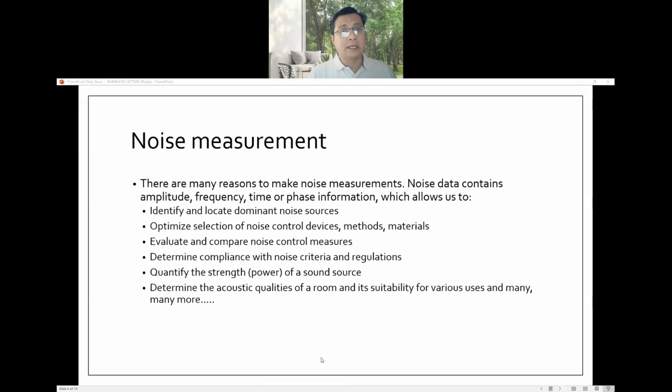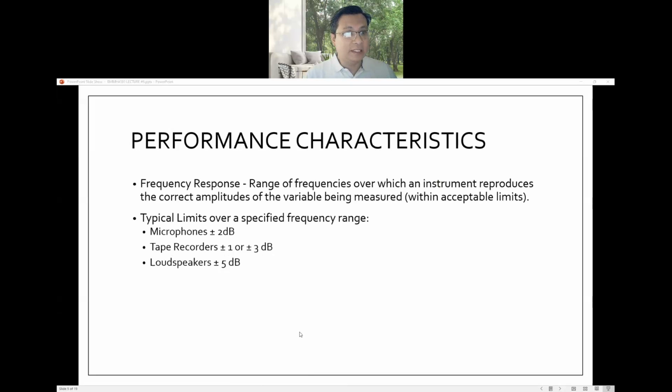After measuring the noise, the performance characteristic is the frequency response, the range of frequency over which an instrument produces the correct amplitude of the variable being measured within the acceptable limit.